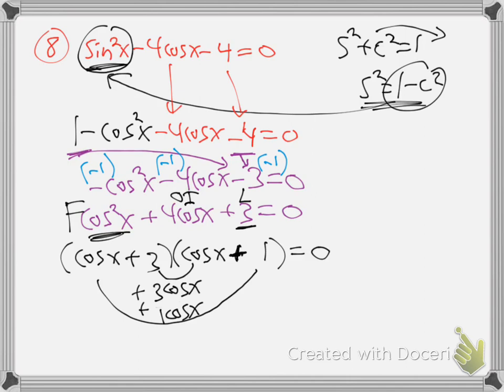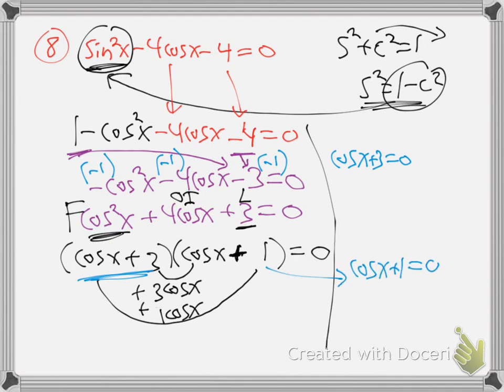Okay. So now set each one to 0. Take this first one equal to 0, and then take the second one. Move that over.